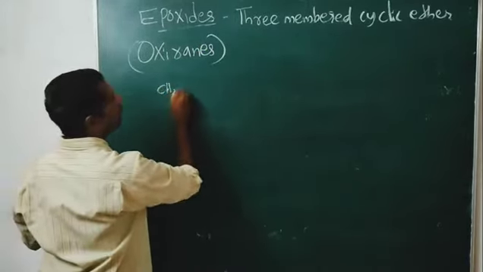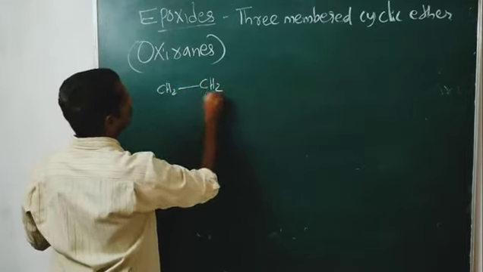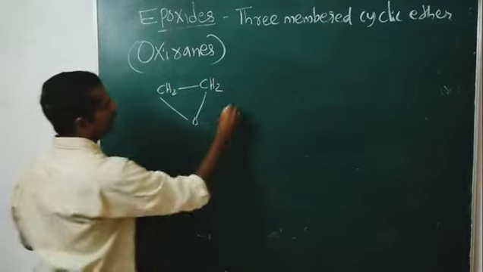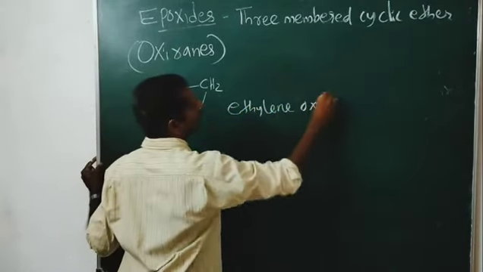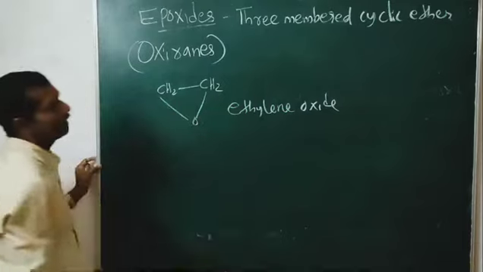Three-membered cyclic ether. Example, ethylene oxide or ethene oxide, a three-membered cyclic ether.